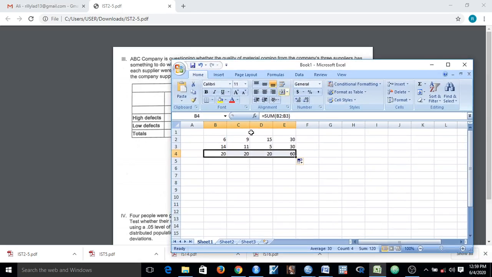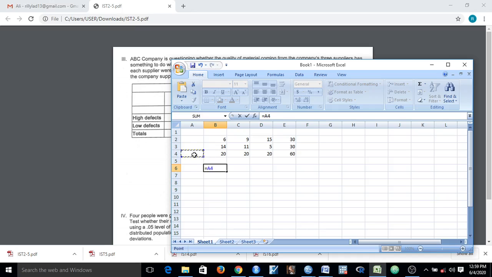Then to calculate expected for this point, we say this is our column total, and this is the row total. So for this one, we say it equals column total multiplied by the row total, everything over the grand total.